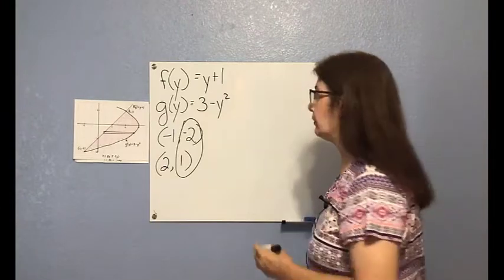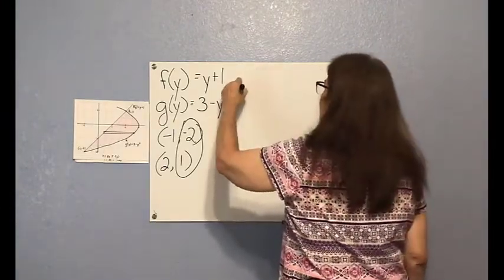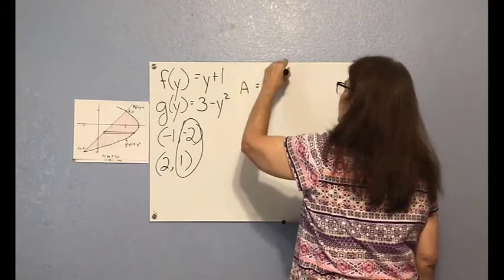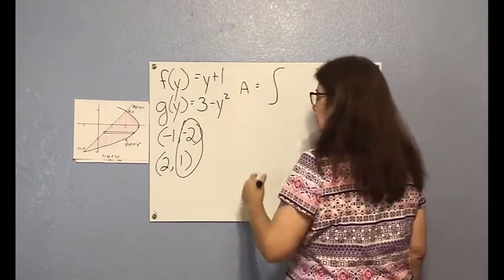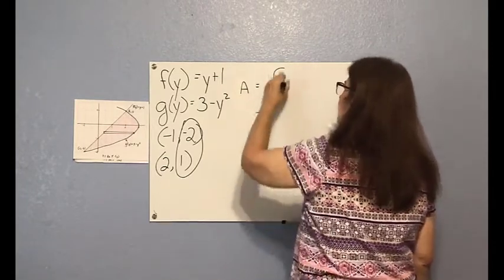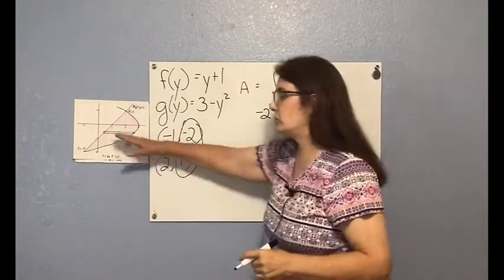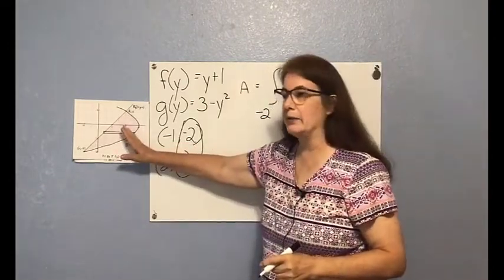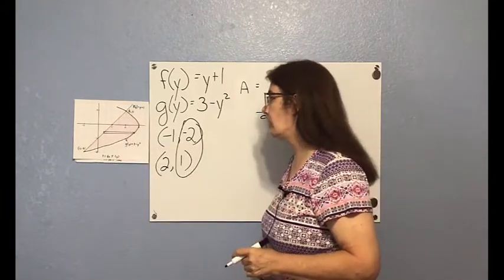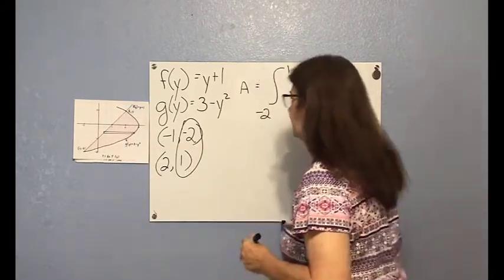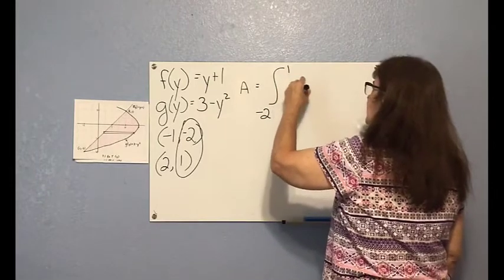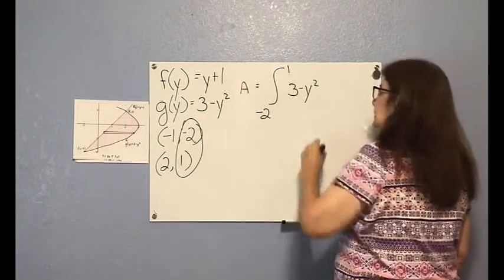So let's write the integral. We've got area equal to the integral from -2 to +1. And since the g of y is on the right, which would be the larger part, we'll write that first. 3 minus y squared.